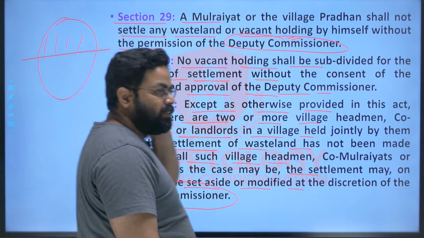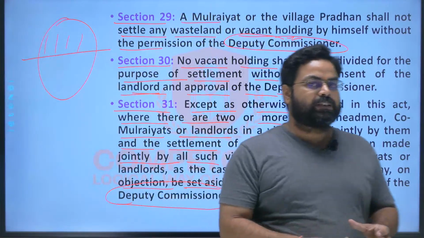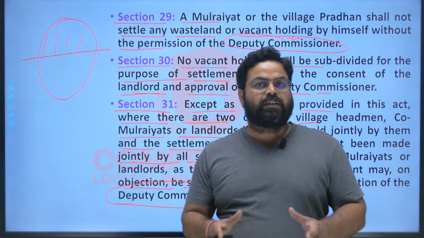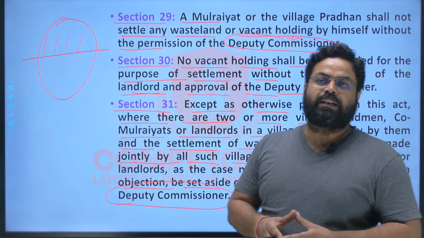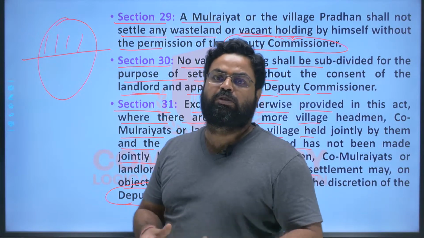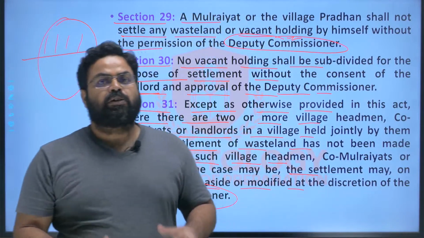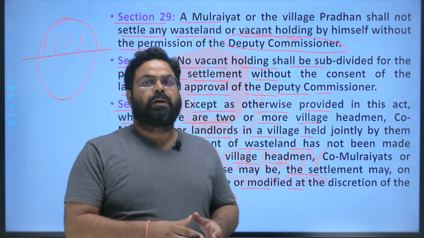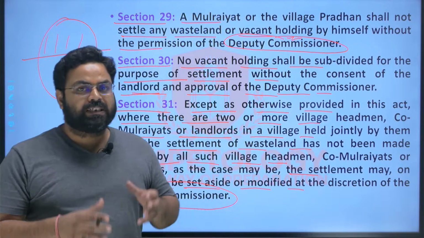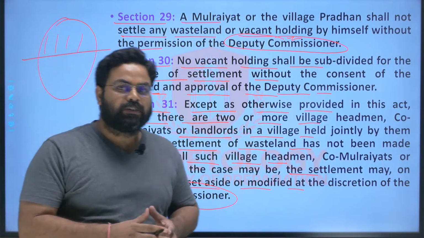So suppose that if there is a village and in that village there are two landlords, two jamindars are owning that jamindari rights of that village collectively, or two mulrayats or two village headmen. So the consent of both of the village headman or mulrayat or the landlord is necessary to settle any wasteland.